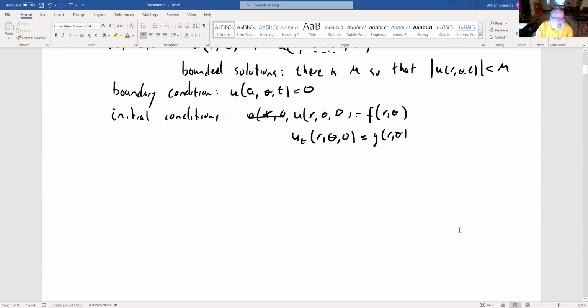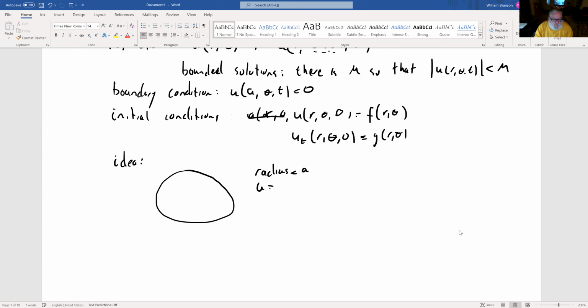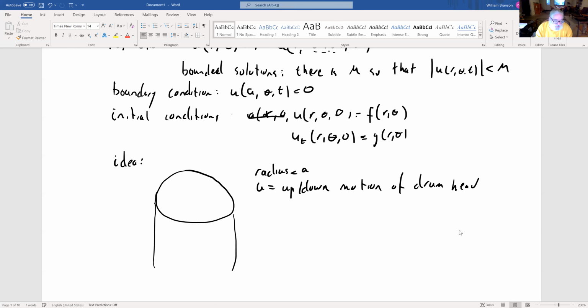So the idea of what we're dealing with here: imagine a drum head, which is circular, of radius a, and u then is going to be the movement of the drum head up and down. So you have to imagine that this is the top, and you have a drum, however a drum looks like.